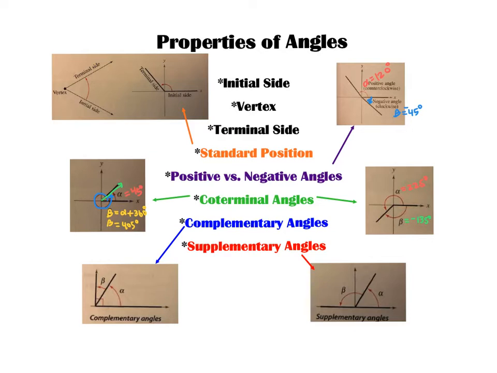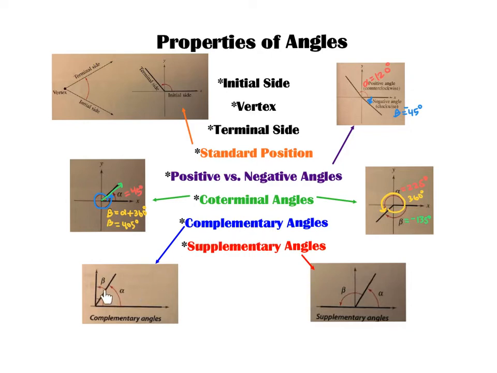All right, so if you were to add 360 to beta visually, that would be 360 degrees, a full rotation. If I added 360 and negative 135, I would get 225. Those are coterminal angles.